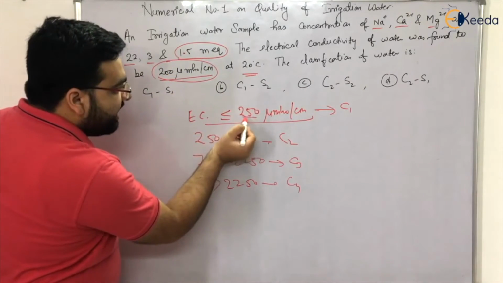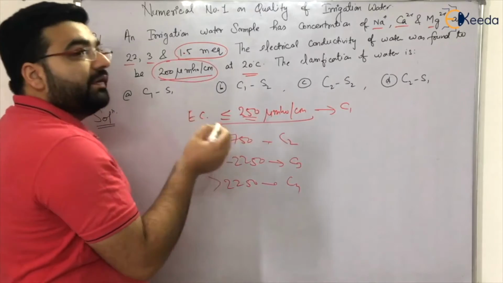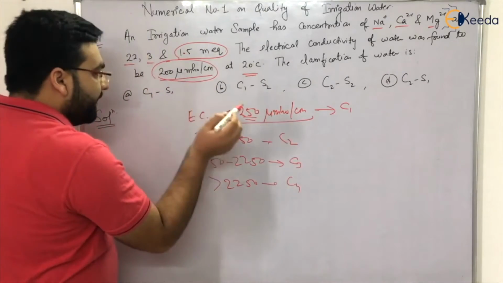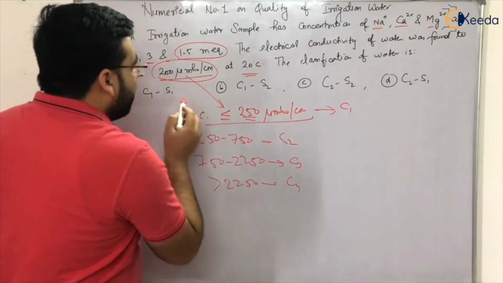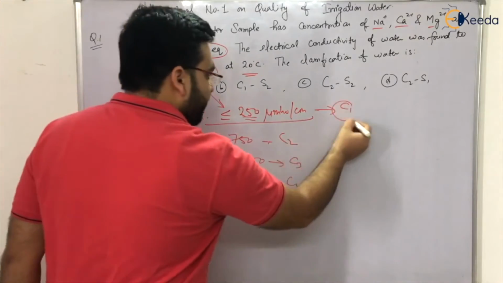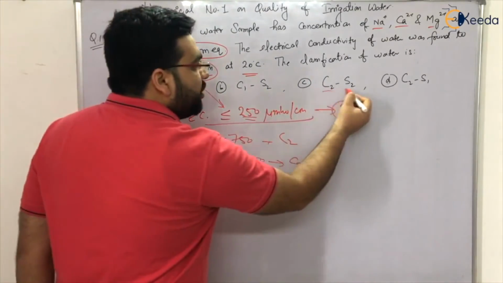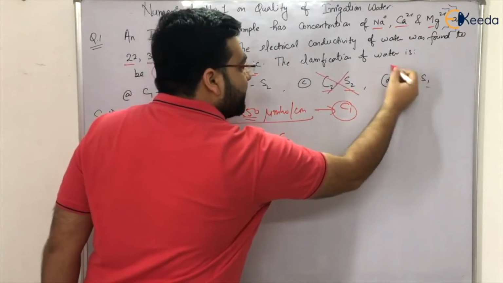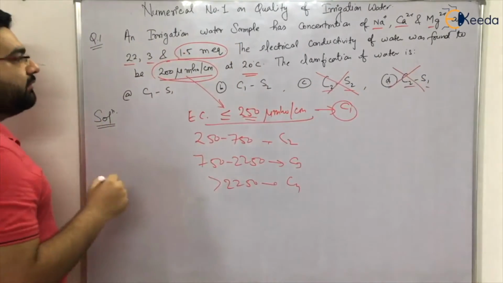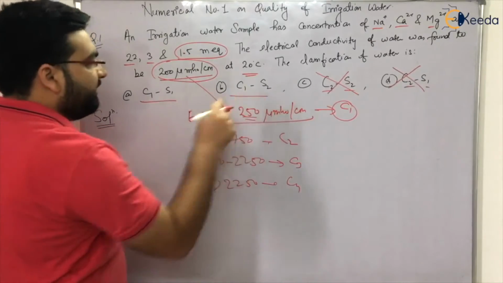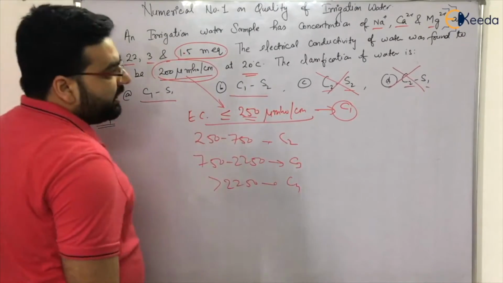It means it is less than or equal to 250, so the type of water will be C1, right? So I can directly discard two options, C2S2 and C2S1. The correct answer would be either C1S1 or C1S2.